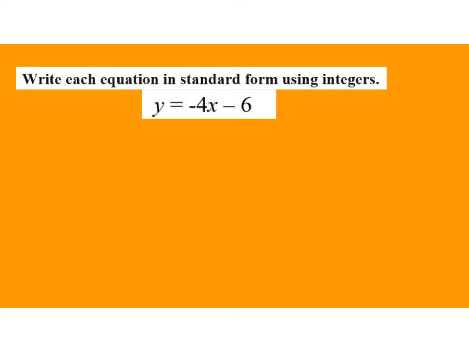I want you to try this one. See if you can get this one into standard form for me, please.